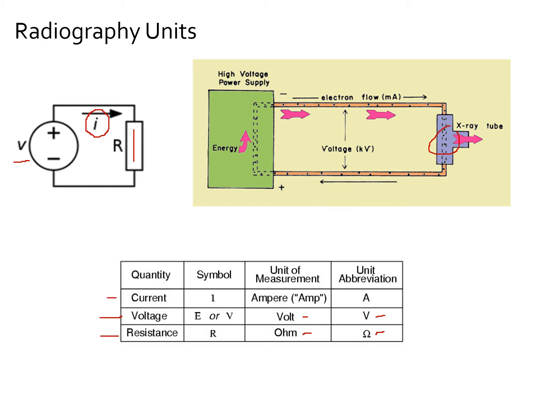The symbol is an I, typically a lowercase i, like that. And the current represents amps, or amperage, with the unit abbreviation a capital A or a small a, typically a capital A. So we're going to be working today mostly with the current symbol right here.